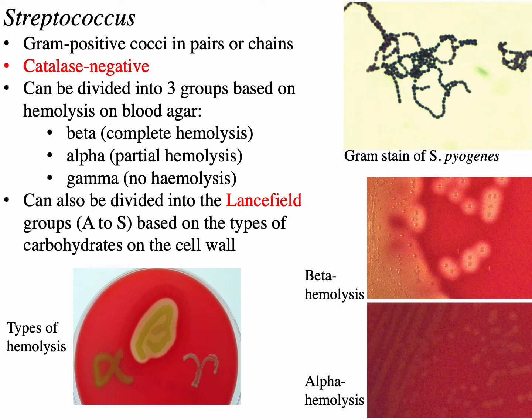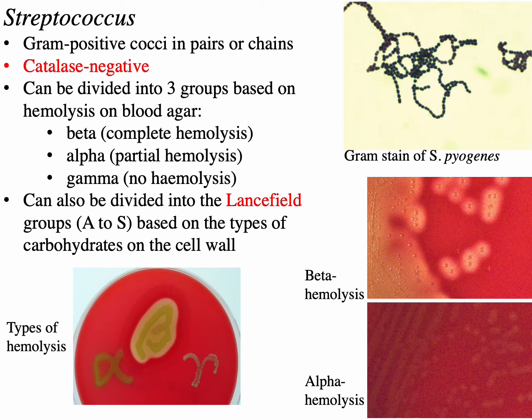So beta hemolysis and alpha hemolysis, these are again blood agar plates that have been streaked out so that you can see single colonies. See how the halo or the clearing surrounds the beta hemolytic colonies, versus the alpha hemolytic colony on the bottom, which is partial lysis. So this is a very important test.